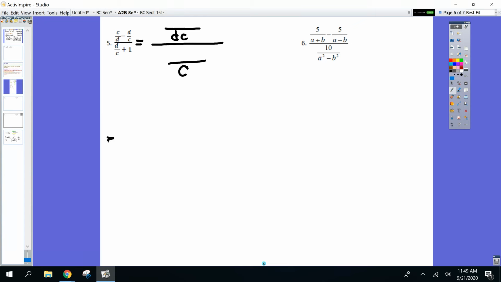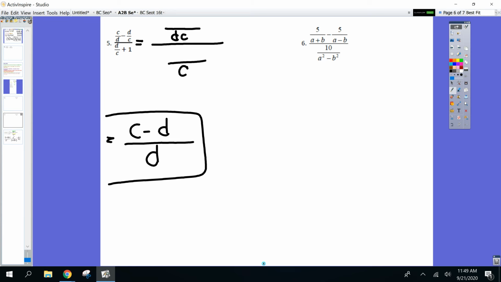You can factor both the top and the bottom when you're done. Okay, you're gonna factor twice, guys. If you think it's difference of two perfect squares, it is.